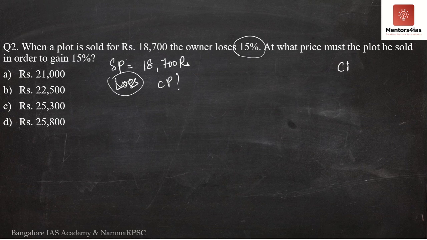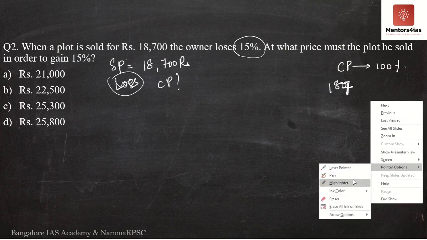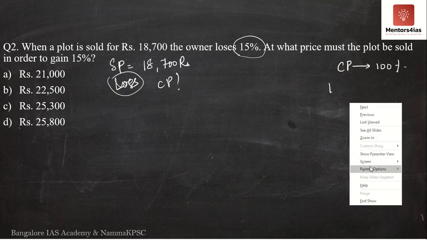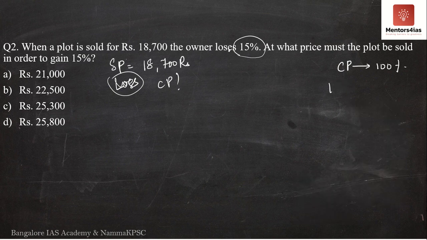So, if I take the cost price to be 100%, then this 18,700, that is the selling price, will be equal to 85%.